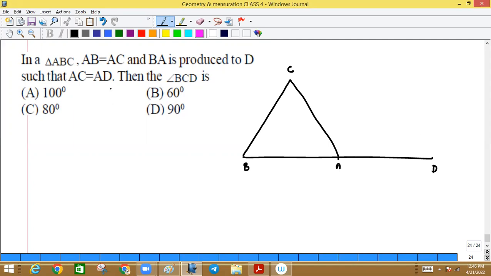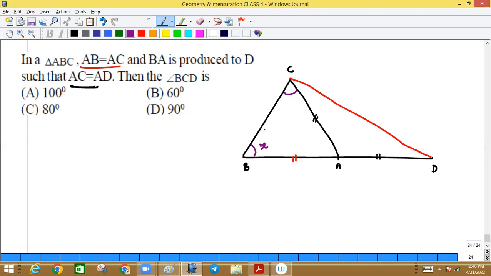He says it is produced in such a manner that AC is equal to AD. Now join this. And AB is equal to AC. All right. Now, if it is x degrees, what about this?